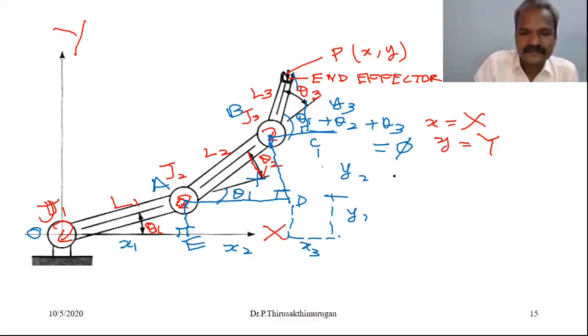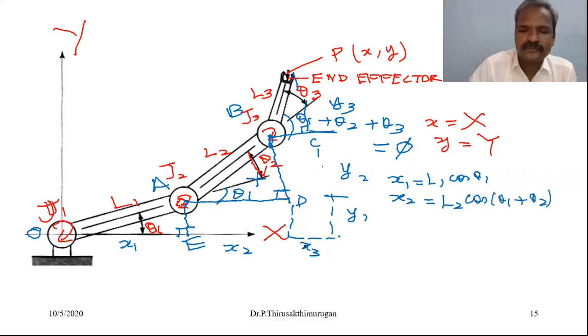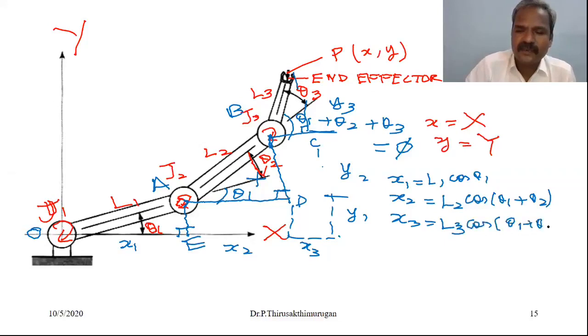What is x1? x1 equals L1 cos θ1. x2 equals L2 cos(θ1 plus θ2). What is x3? x3 equals L3 cos of all the angles, θ1 plus θ2 plus θ3.